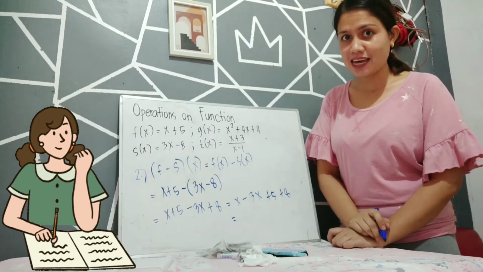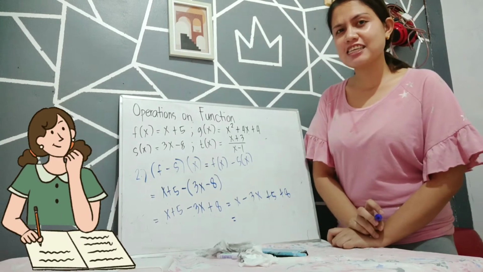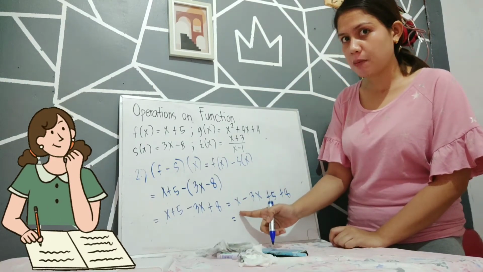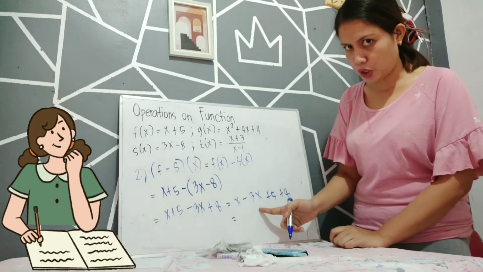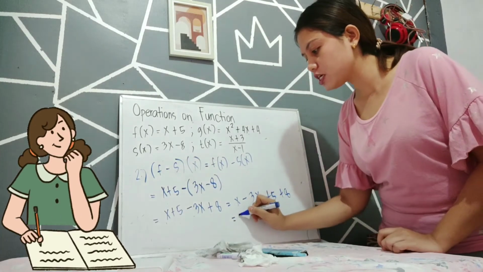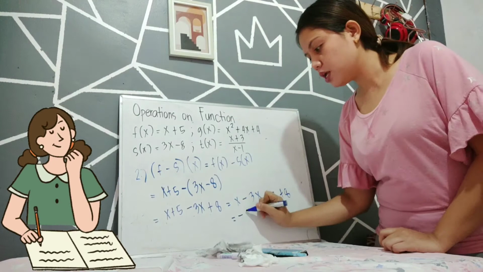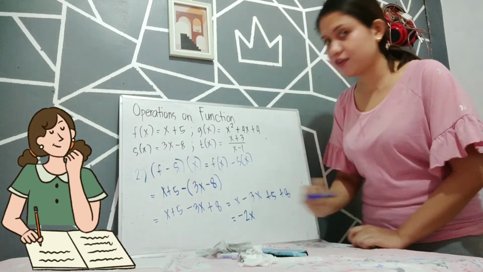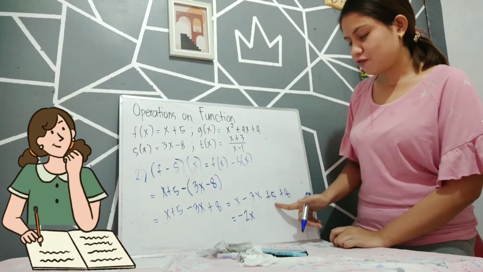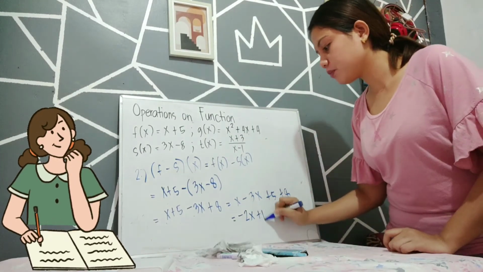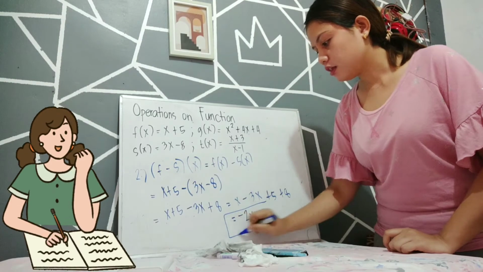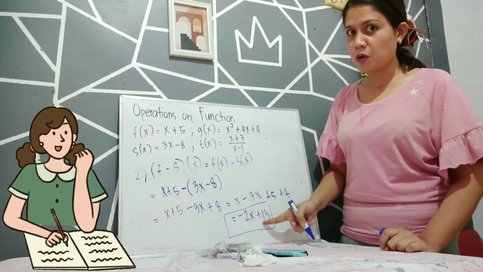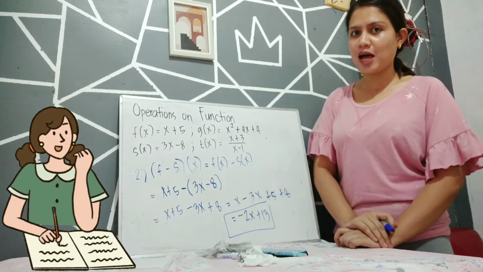X minus 3x is negative. Why? Remember that you are subtracting a larger number from a smaller number, it means that the answer is negative. 1 minus 3 is negative 2, and you copy the variable x. Then 5 plus 8 is 13. Therefore, f minus s of x is equal to negative 2x plus 13.